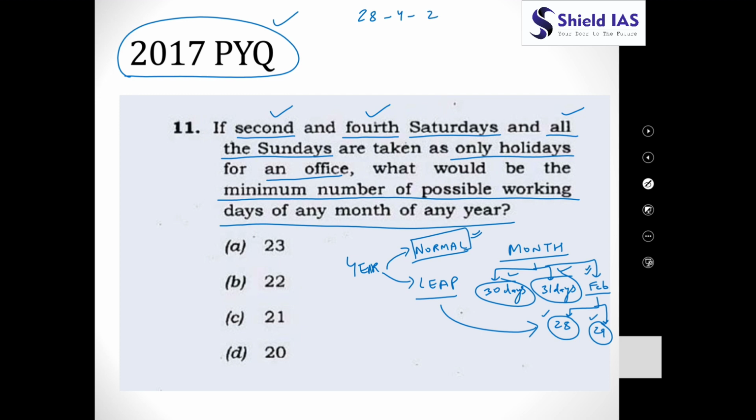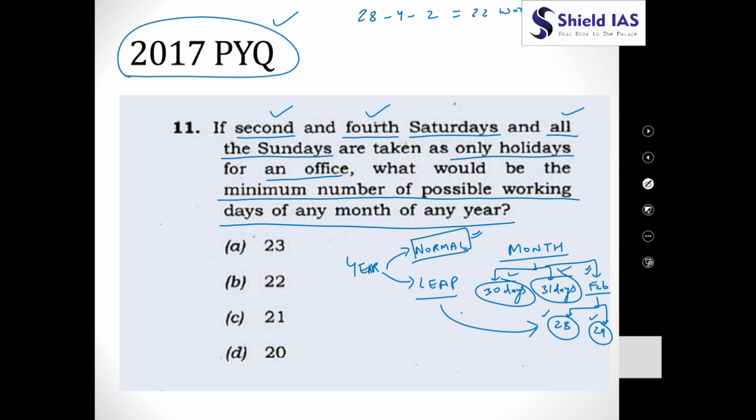There would also be 2 Saturdays as holidays: the first week's Saturday is not a holiday, the second is, the third is not, and the fourth is. So it comes out to be 22 working days.